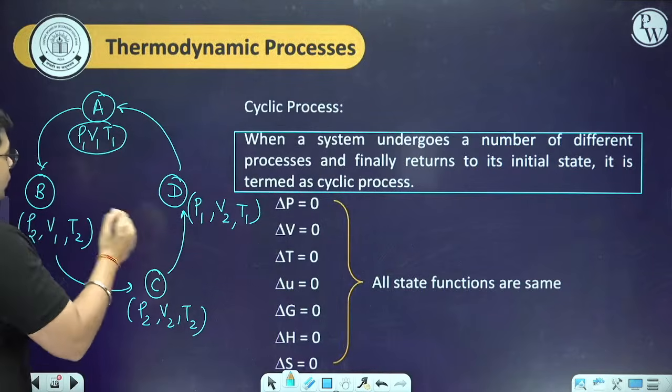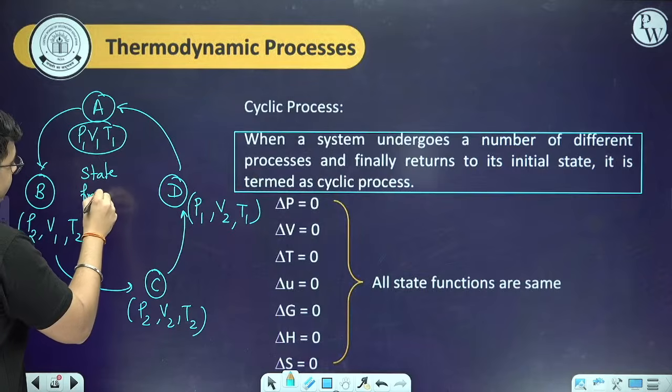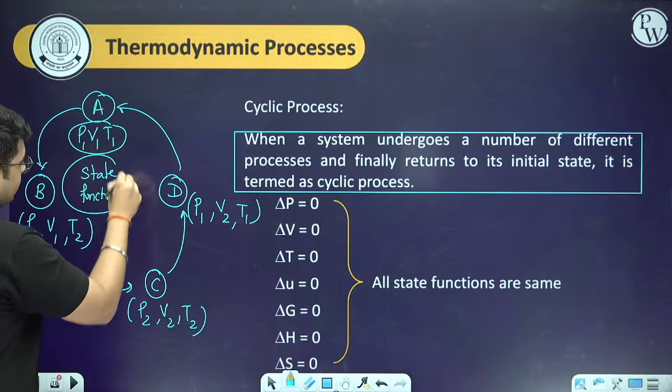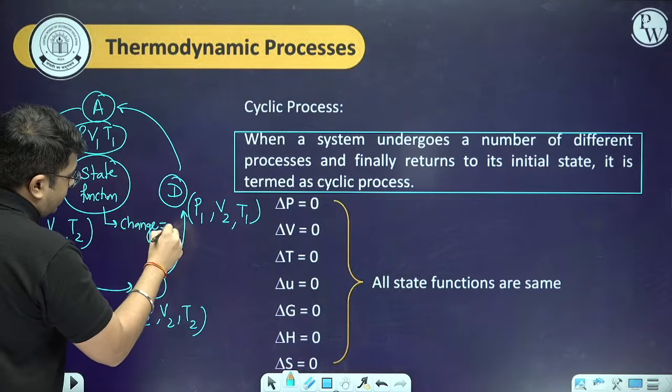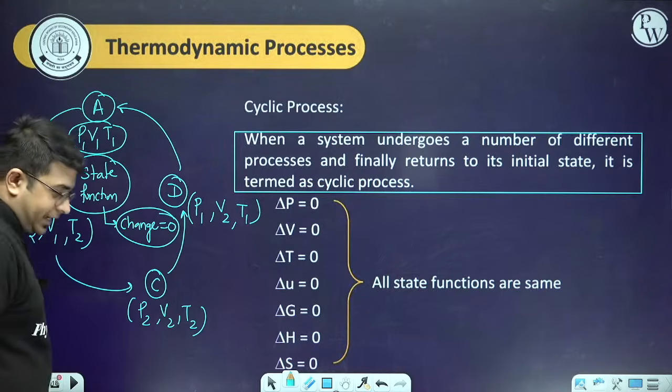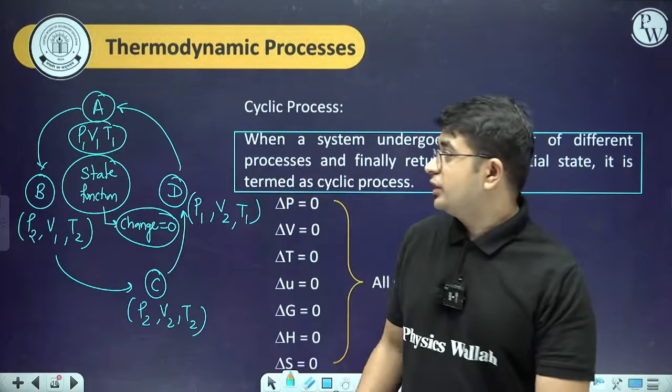So if I want to calculate any state function, its change will be 0, because in this case both initial and final states are the same, and a state function depends upon the initial and final state.